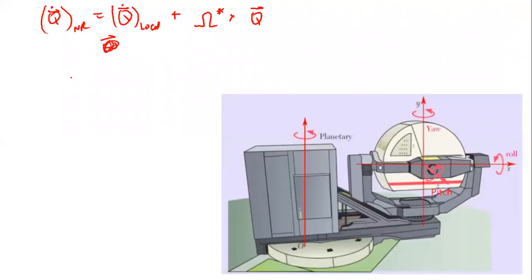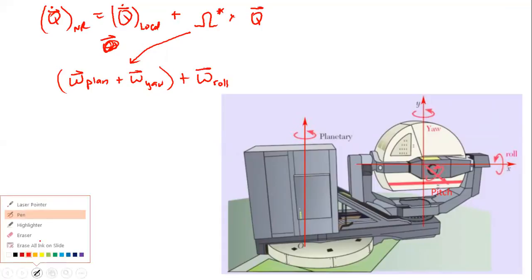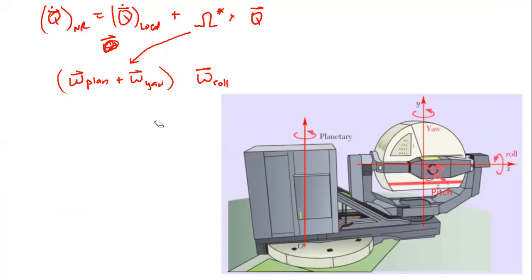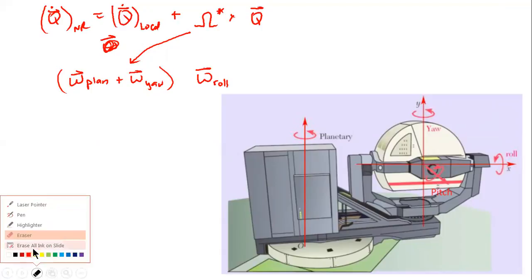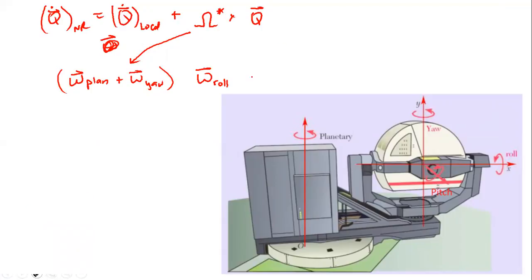So I've got omega planetary and the omega of the yaw, and those are both going to make that change. And then the Q here is just the omega of the roll. I'm sorry, that should not be a plus. That should be a cross. Okay, and that's going to give you the change in direction of the omega roll.